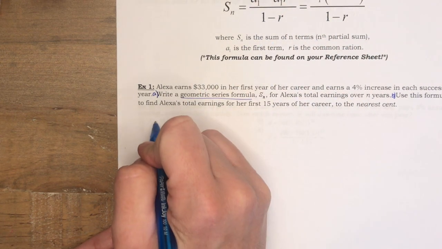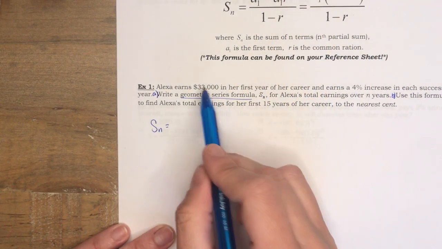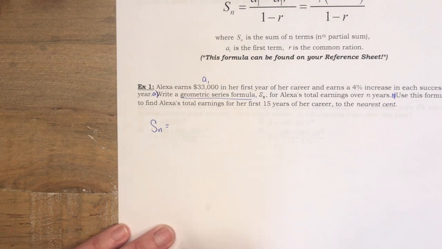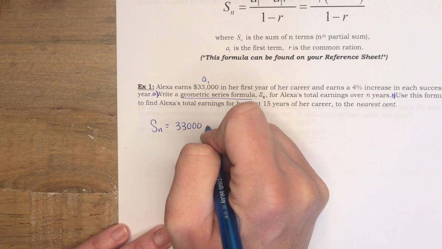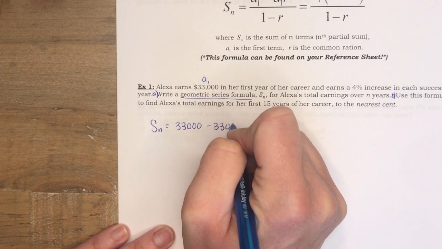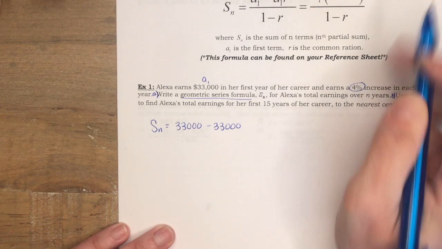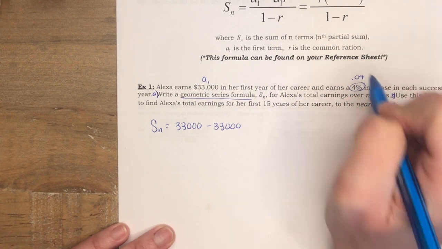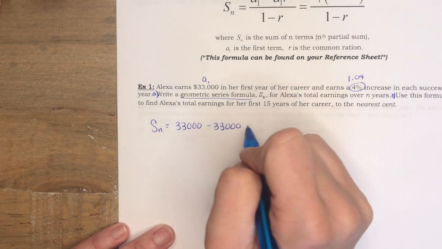All right, so as soon as I see geometric series formula, I know I'm going to use this. Okay, so I need S sub n equals, I need the first term. So a sub 1 is 33,000. So 33,000 minus 33,000 times the r. So if it's a 4% increase, that as a decimal is 0.04, but I'm multiplying by 1 plus 0.04 to get to the next term.